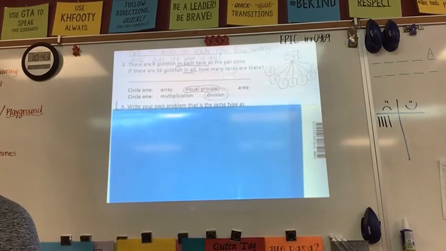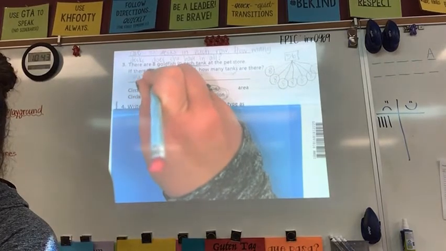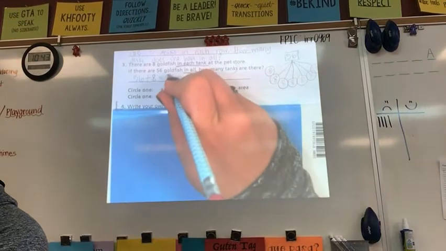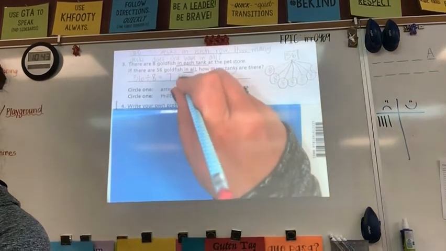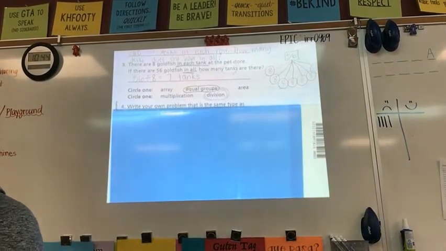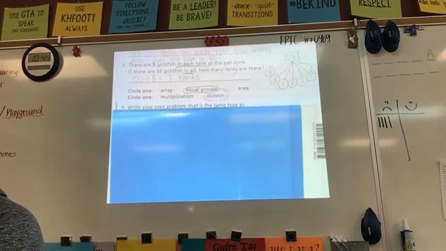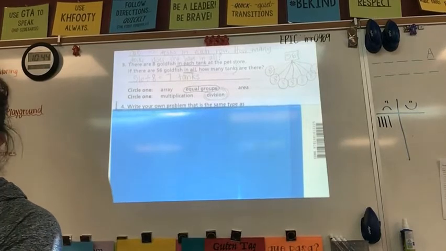What mathematician has my equation, answer, and label, Mr. Leiter? 7. Thanks. Nice work. I bet half of you wanted to put goldfish. Nope. But you got it. How many tanks? No, because it says how many tanks. Nice work.